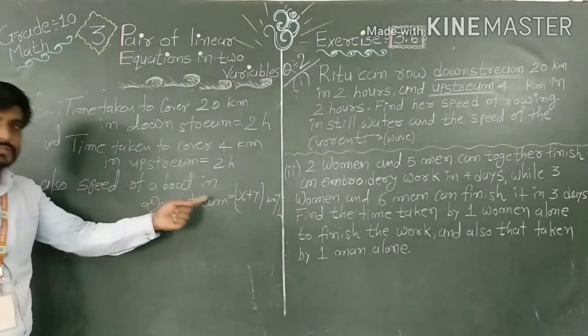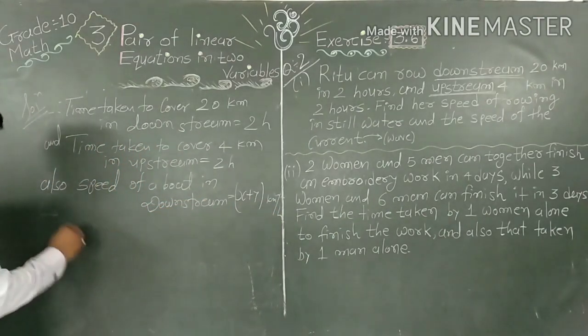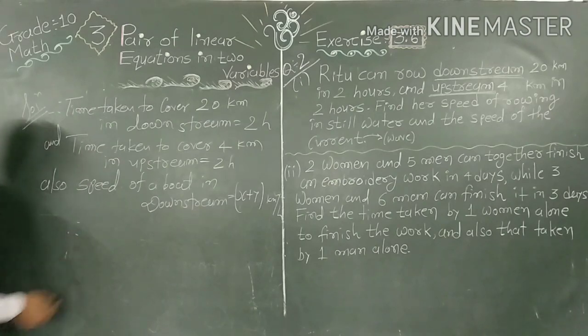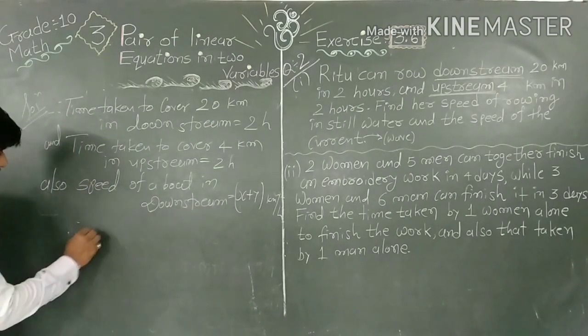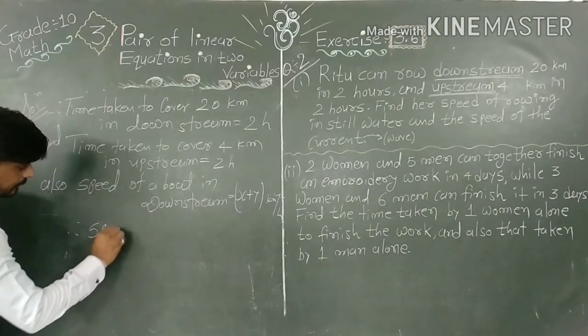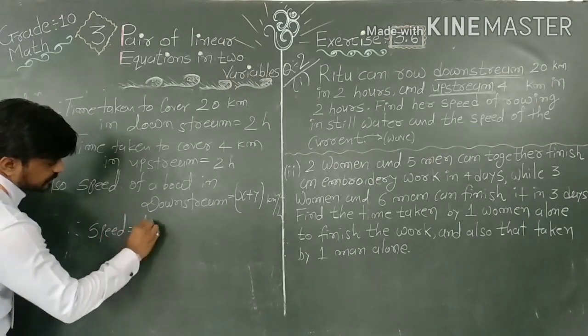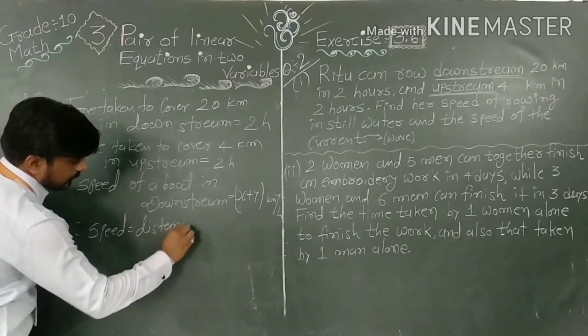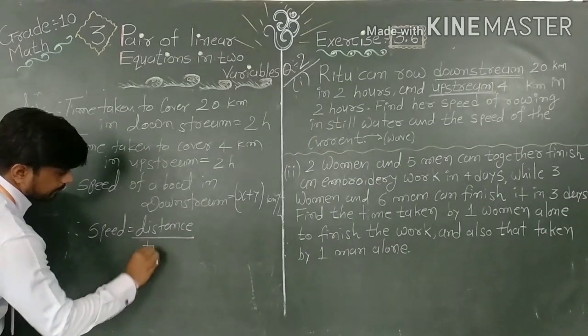Now what is our formula? We want to find the speed. As we know, speed is equal to distance upon time.